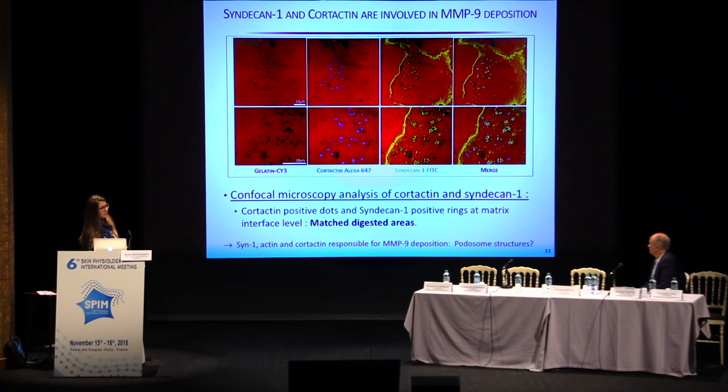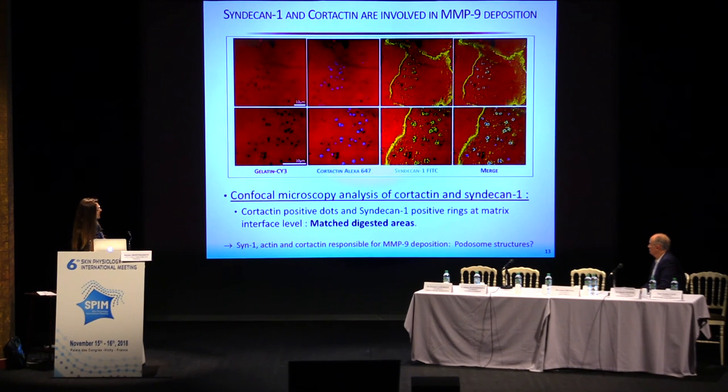At the same time, we stained Syndecan-1, and this receptor appears organized as a ring surrounding the digested areas, but also the blue dots of cortactin. So this result suggests that there are several cellular processes involving at least Syndecan-1, actin and cortactin, which are responsible for MMP9 deposition, most likely in podosome structures.